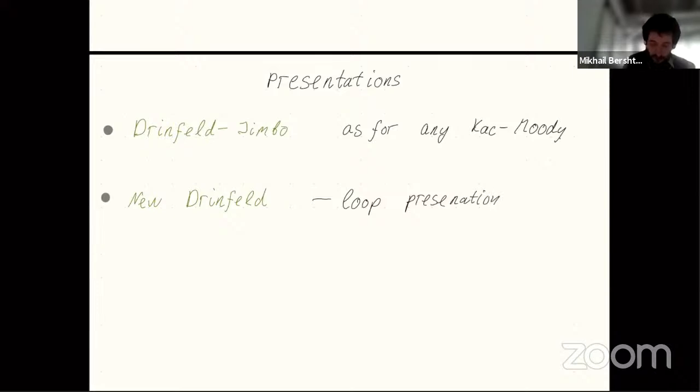So if in the first case we have generators E0, ER, K0, KR, F0, FR, in this case we have generators given in terms of the currents.